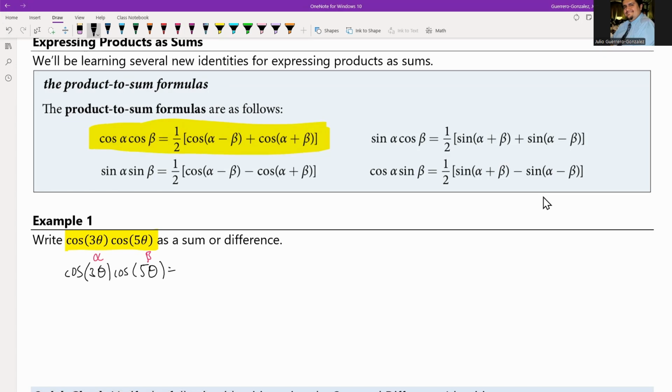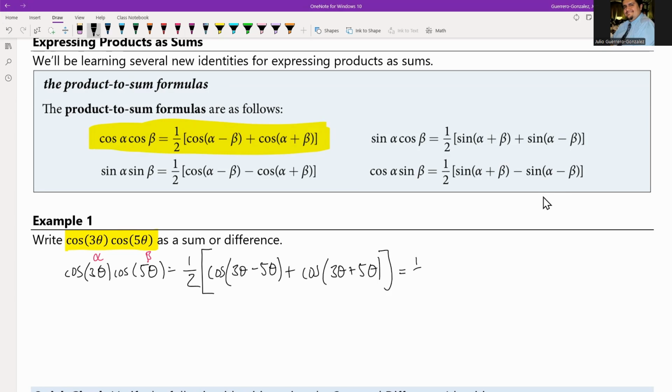So hopefully you guys see that. 1/2 cosine. It's going to be alpha minus beta first, so it's going to be 3 theta minus 5 theta plus, and let me put big brackets right here, cosine of 3 theta plus 5 theta, and close brackets there.